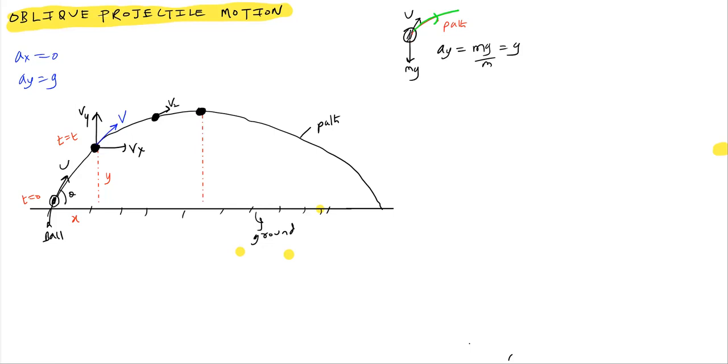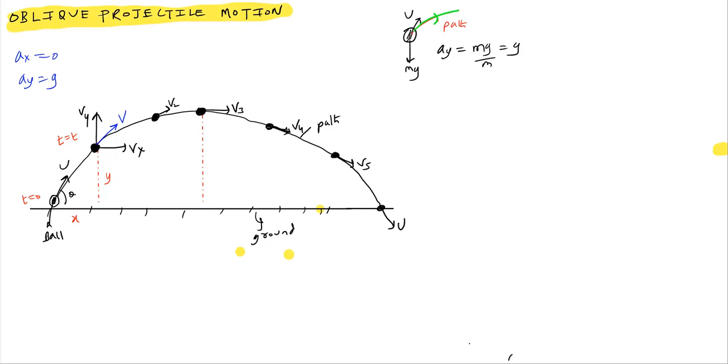Call this V2, here V3, V4, V5, and finally it will strike the ground with the same speed. Okay, this is the path we have to trace.